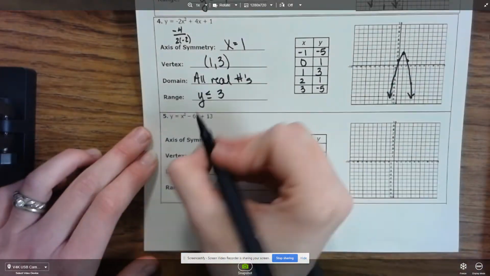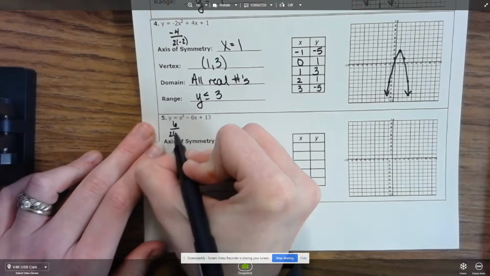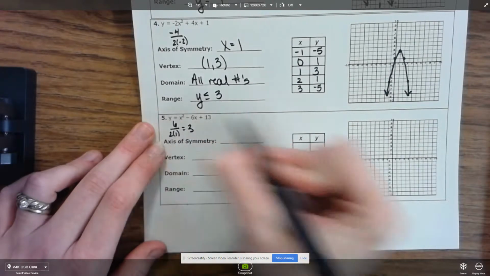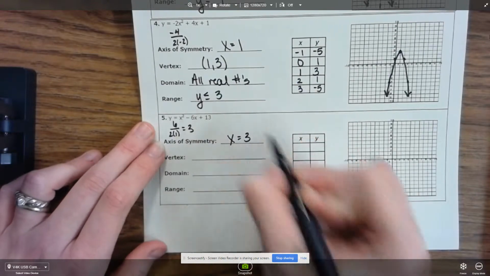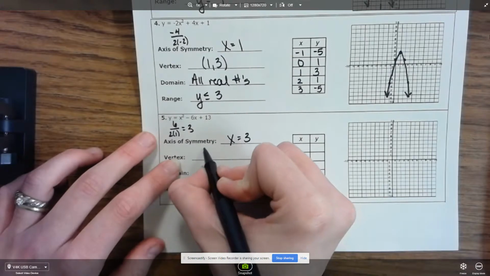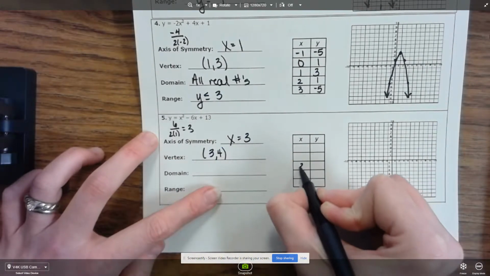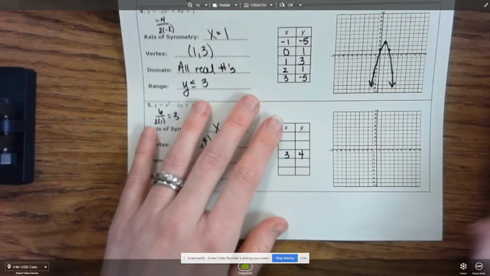All right, our final problem. So negative b would be a positive 6 divided by 2 times 1. So x is going to equal 3. My vertex, if I plug 3 back in for this, my vertex is going to be at 3, 4. So I know that's kind of my middle point here.